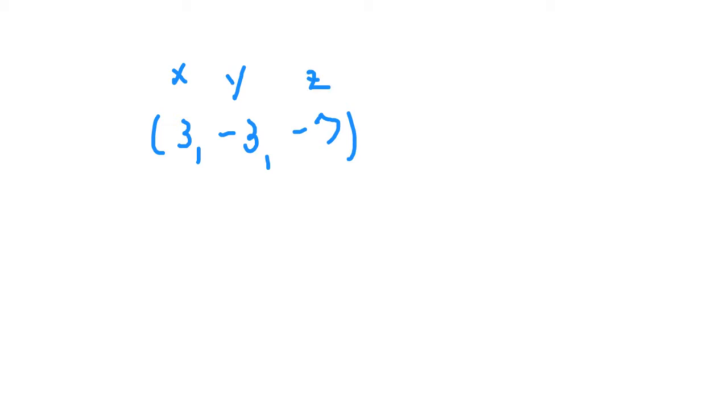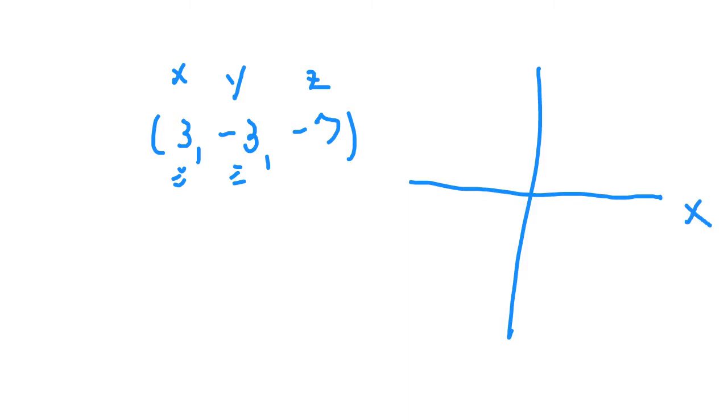Based on the fact that x is 3 and y is -3, if we just think about the xy plane, here's the origin, 3 and -3 is here. This is 3, this is -3.